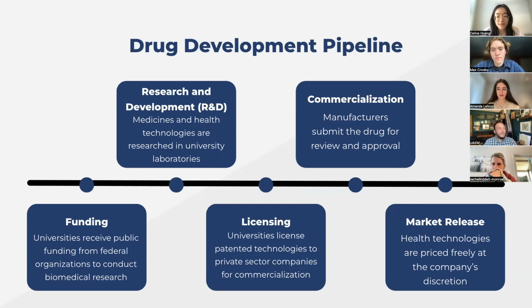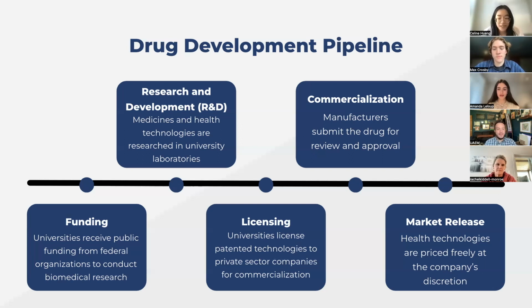And this entire process of licensing is mediated by the university's Technology Transfer Office, or TTO, which is a term you'll likely hear a lot more during the course of this webinar. So these are primarily a source of revenue for universities through private sector collaboration, and they allow these private companies to commercialize the health technologies.